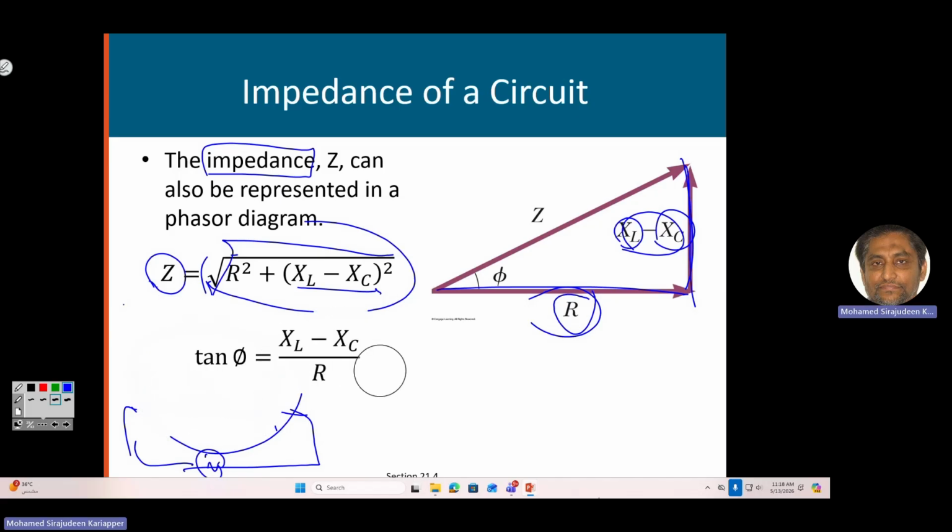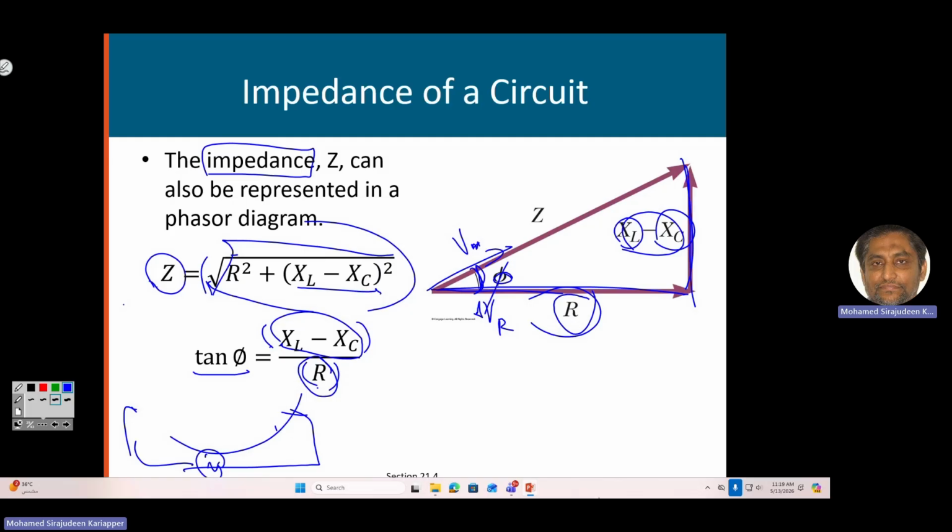And this phi is the angle between the total voltage and the current. So therefore, I can also say that the phase angle, in terms of the reactance and the resistance, is equal to the total reactance divided by the resistance.